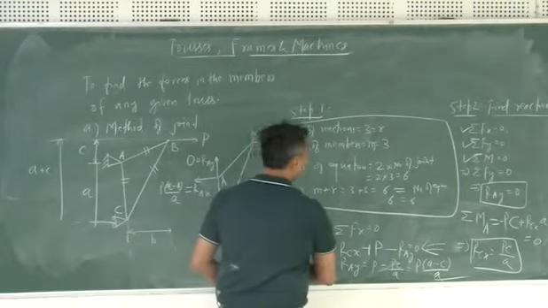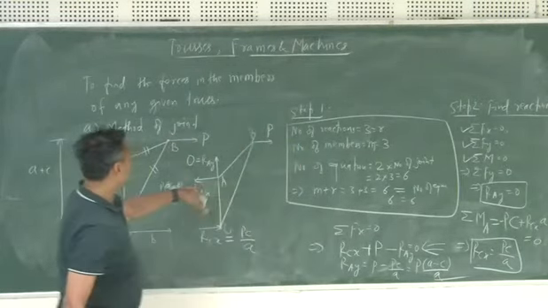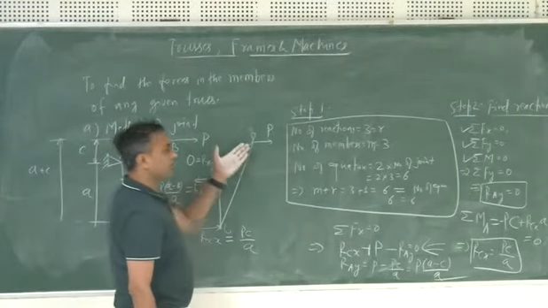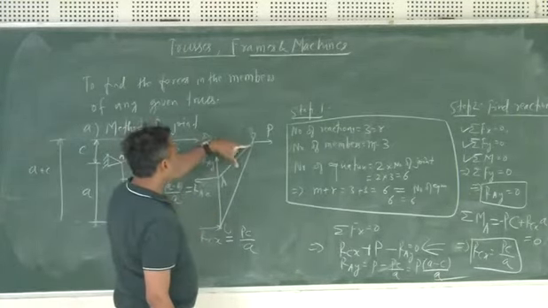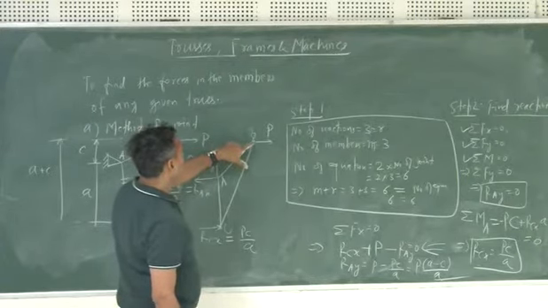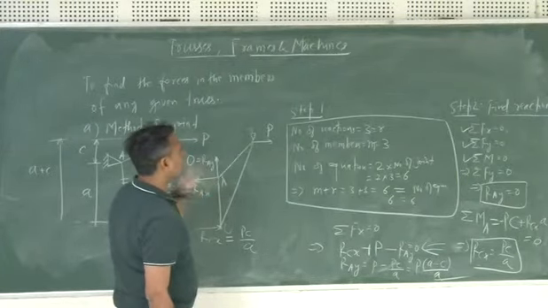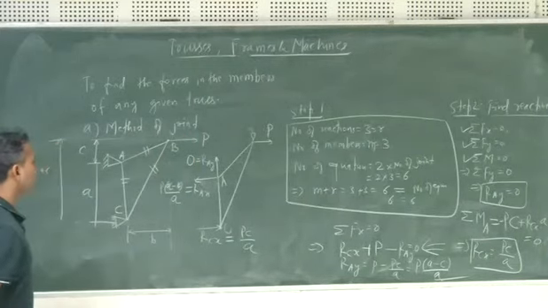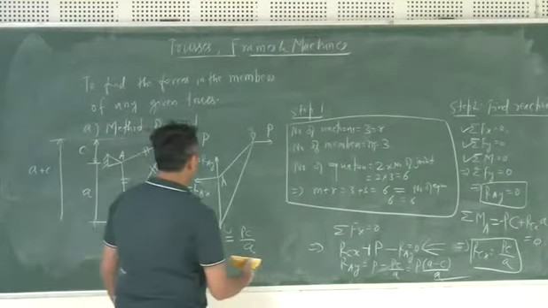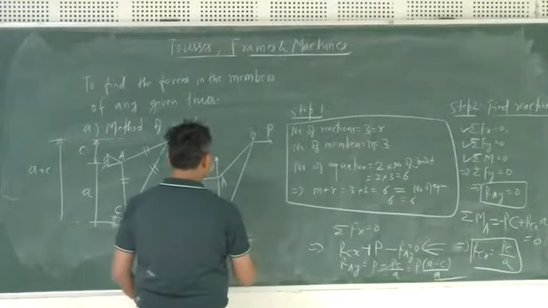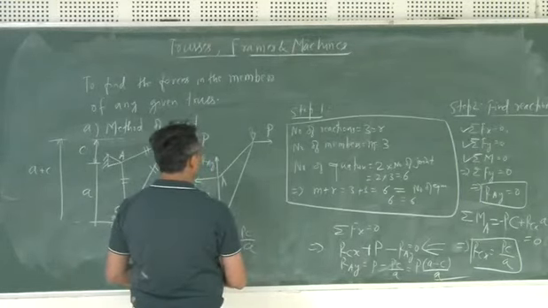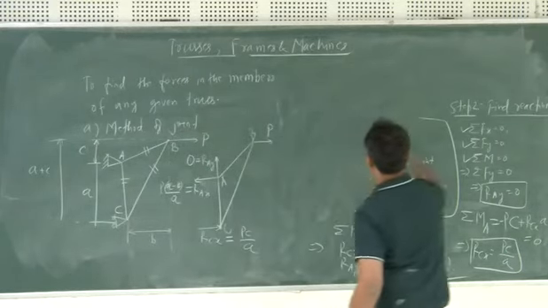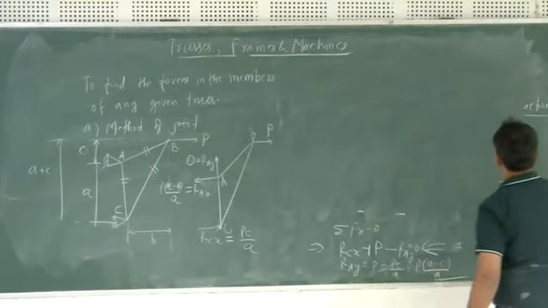So you now know, now you can write down the equilibrium equation at these joints to find out the forces in members. But how to do that? To do that, let us try to find the forces in that.